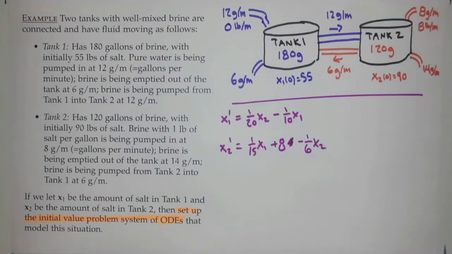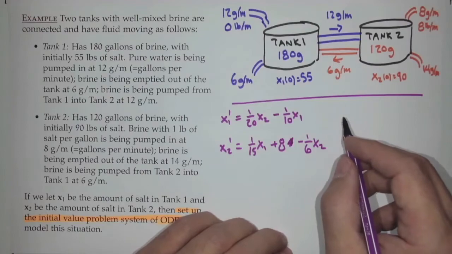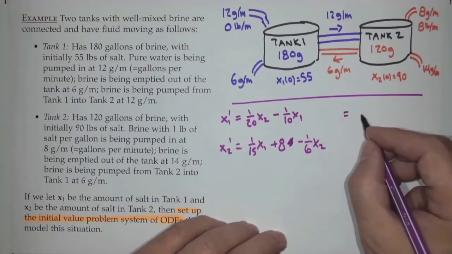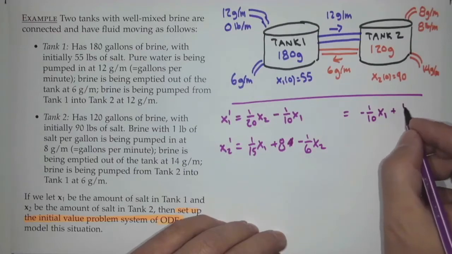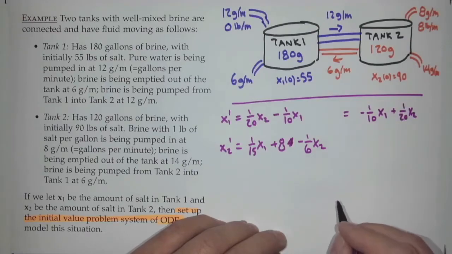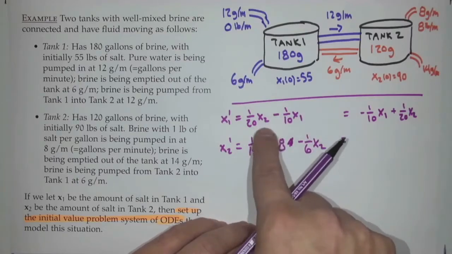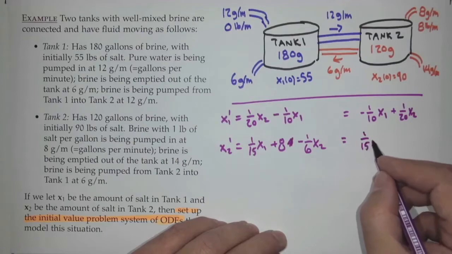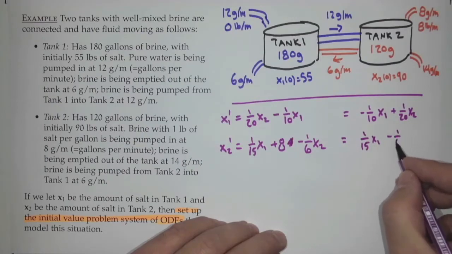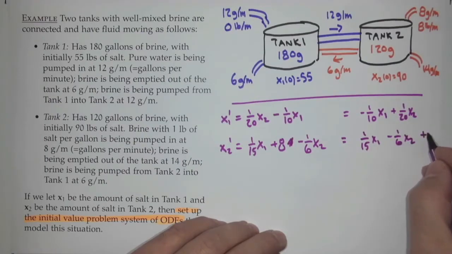Now, if we were to write that in a slightly different way, we could say, this is minus 1/10 X1 plus 1/20th X2. And just putting it in order, X1 first, X2 second: 1/15 X1 minus 1/6 X2 and plus 8.